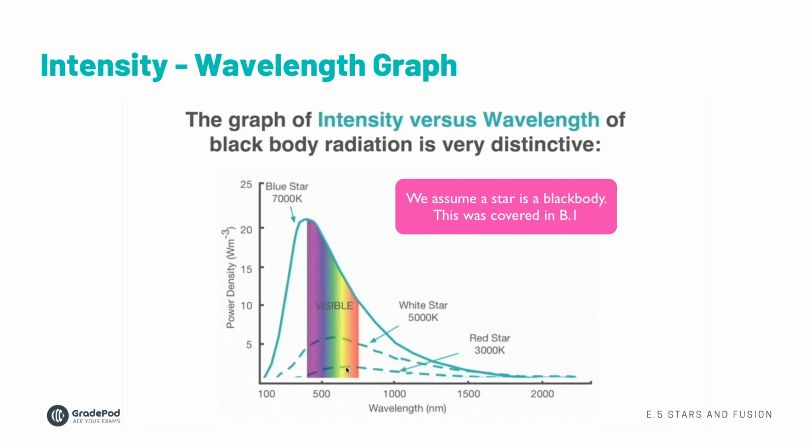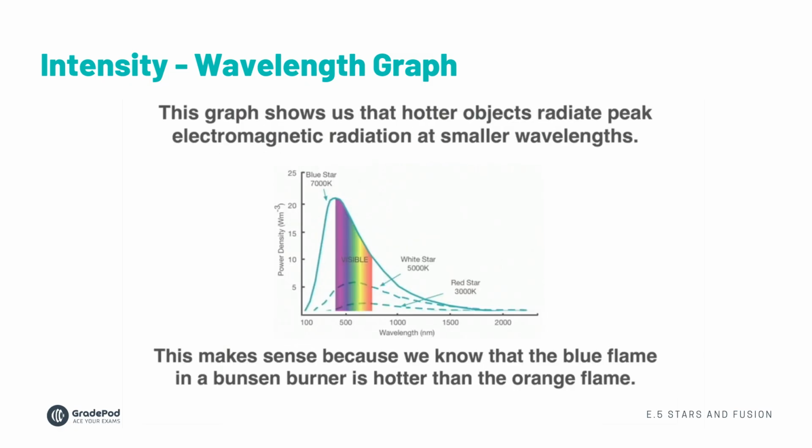If we look at a colder star, the peak wavelength seems to be greater, and it emits radiation over a range of wavelengths, but less of every part of the wavelength. So what this graph shows is that hotter objects radiate peak electromagnetic radiation at smaller wavelengths.